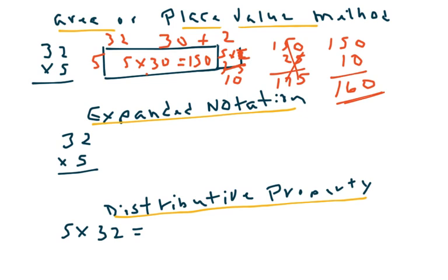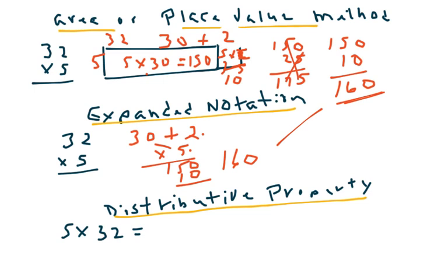Well, the expanded notation, it's 30 plus 2. That's the expanded notation multiplied by 5. And we get 30 times 5, 150. 5 times 2, 10. Answer, 160. Good.